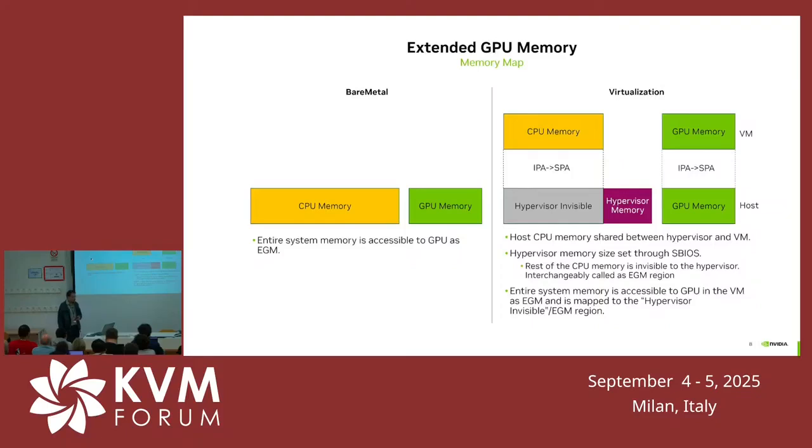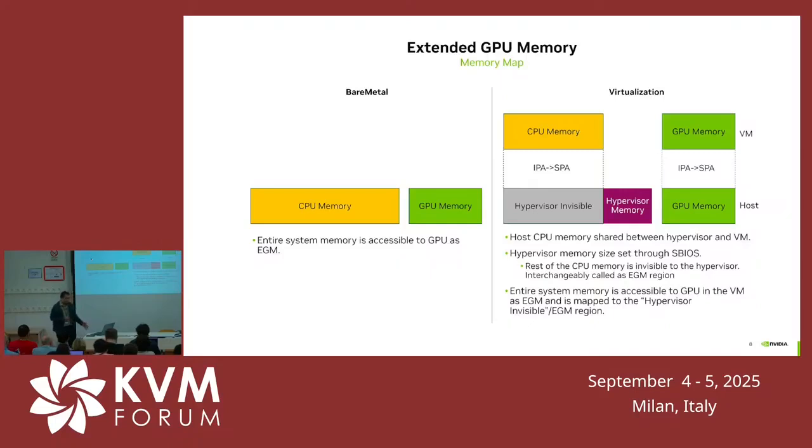Virtualization is much more interesting. Here, because the host memory is shared between the hypervisor and the VM, you are given a flag in the SBIOS where you can set how much hypervisor memory you want. For example, if you set 32 gig, that size of memory would be visible to the hypervisor when it boots up. And the rest of the region would be invisible to the hypervisor.